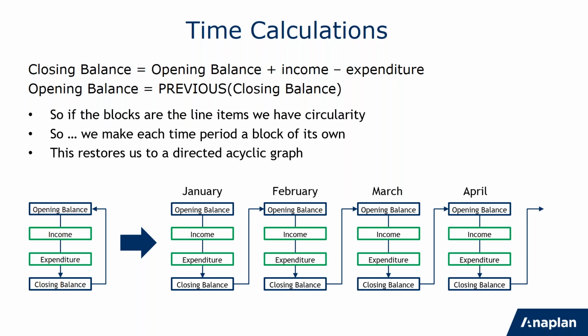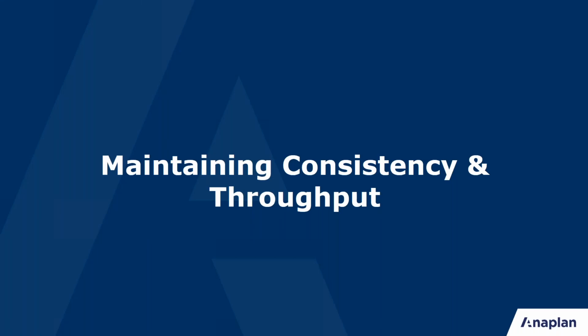And this is particularly true of previous, next, moving sum, and we've recently had some improvements to lead and lag to make them have this characteristic, that they respect this breaking up of line items into multiple blocks over time. Okay. Any questions on that?